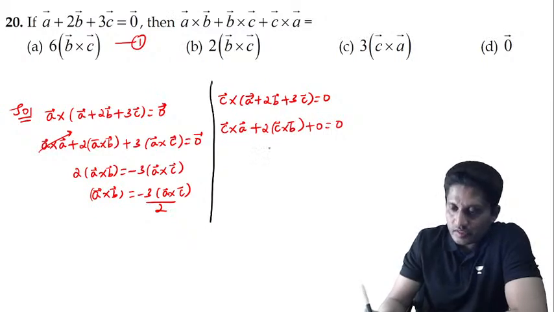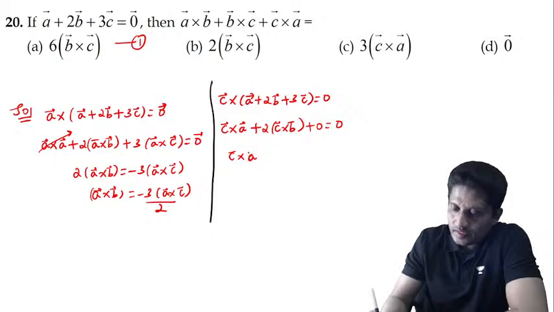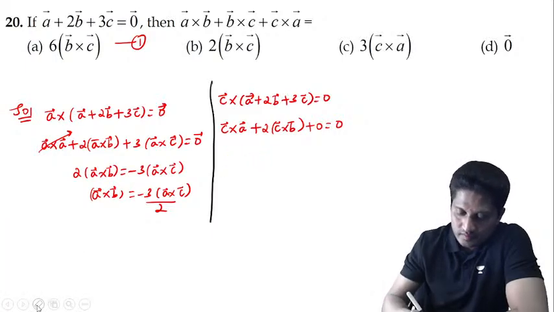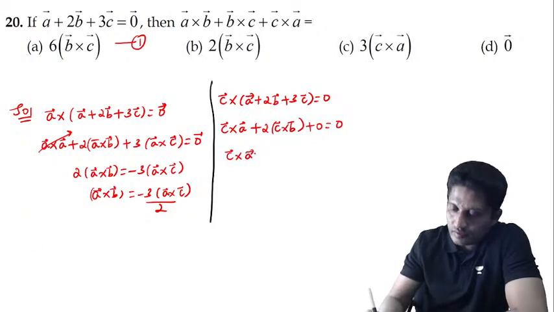So this is B cross C, right? C cross A is equal to minus of 2 times C cross B. C cross A is equal to 2 times B cross C.